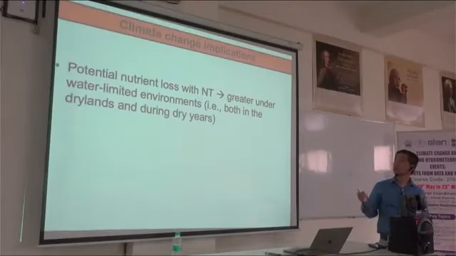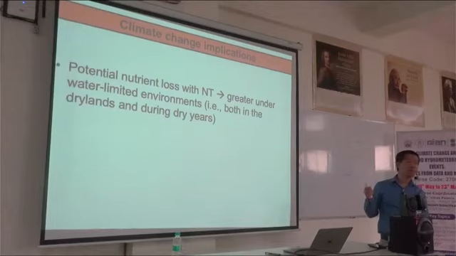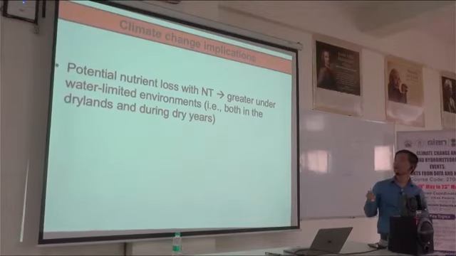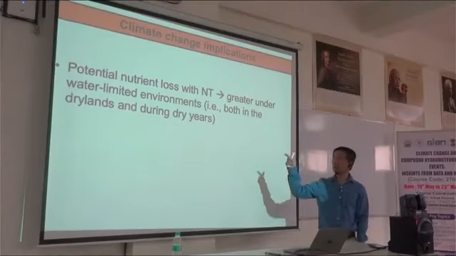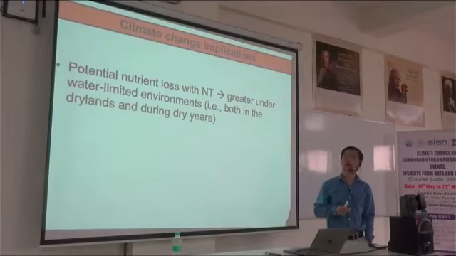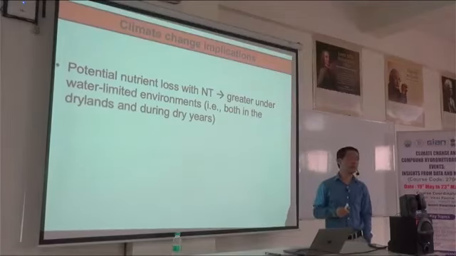So really what that means is we know there is a potential for higher nutrient loss from the no-till field, right? That impact is much higher under dryland or water limited environments or under dry years.